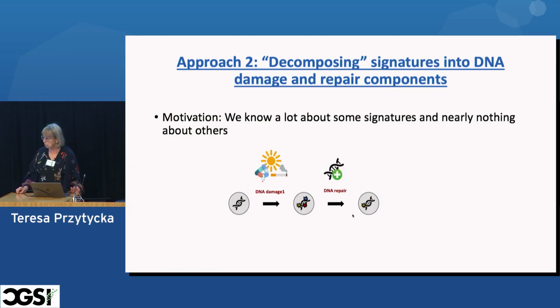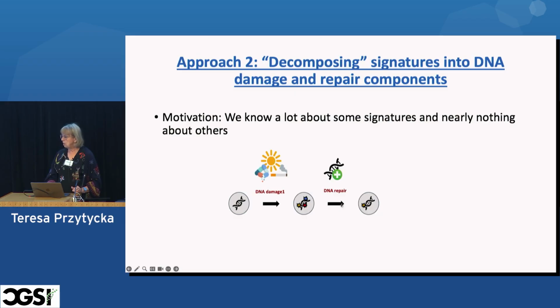We've been thinking about this for quite some time, and just to put you in focus, we have to really think about the signature as being the summary of two steps. One step is that some sort of DNA damage happened, right? And then this DNA damage is repaired by the DNA repair pathways. The signature encompasses both steps.